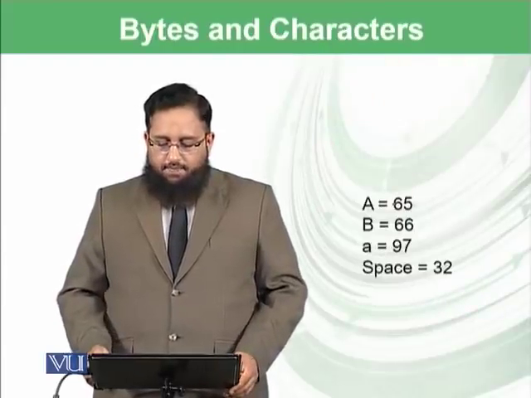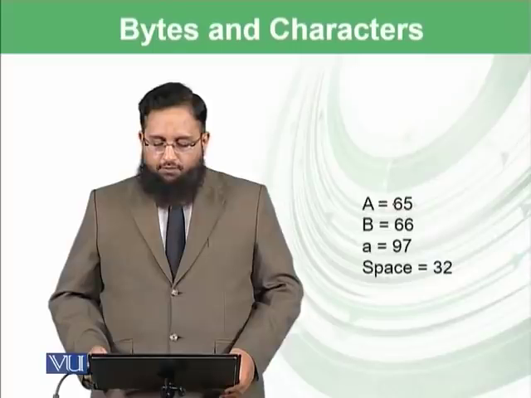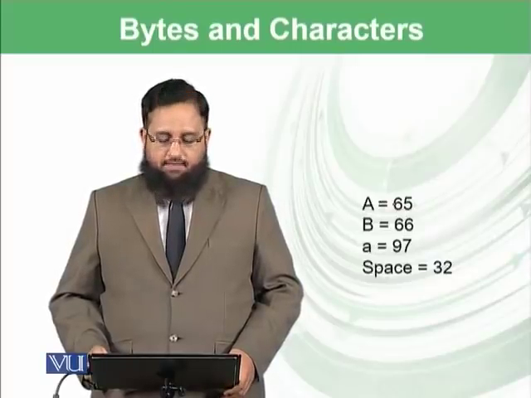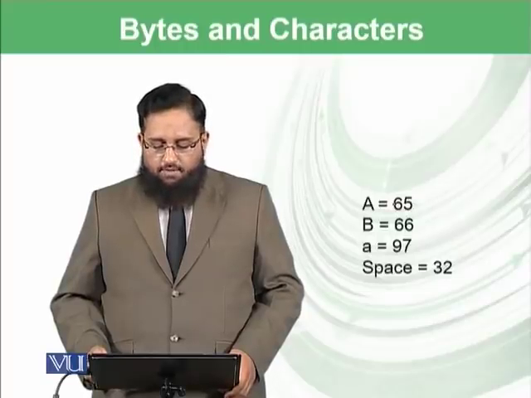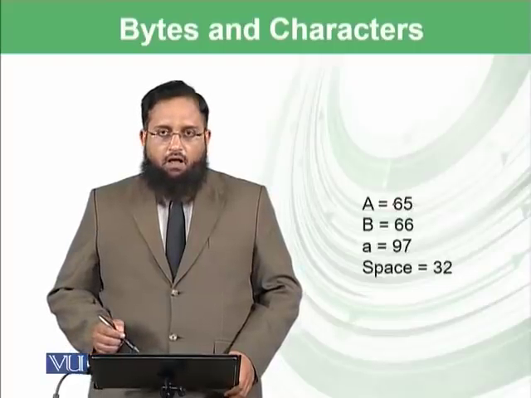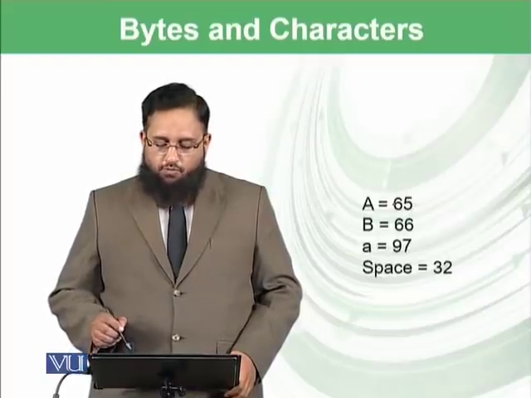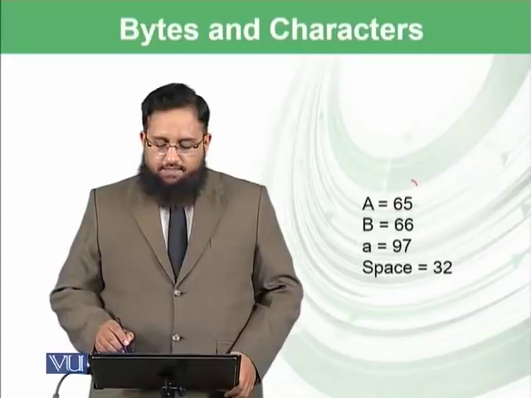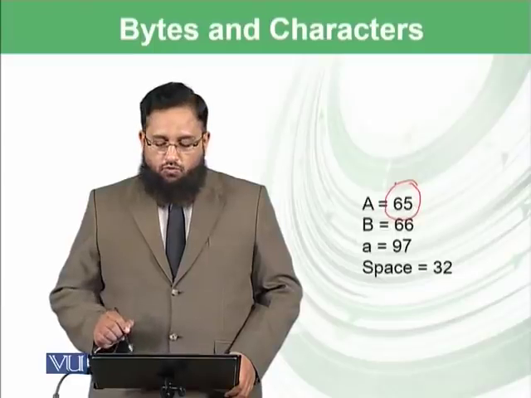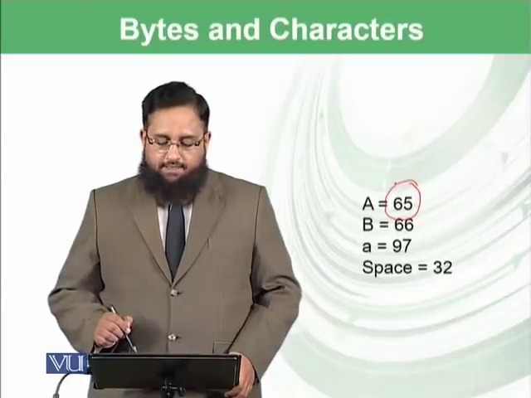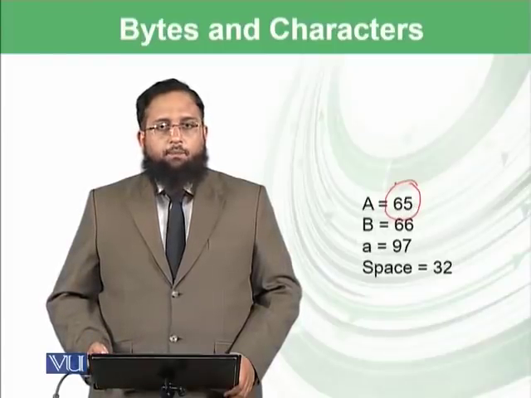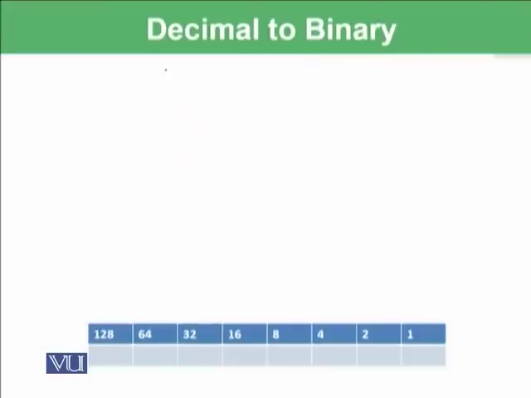So for example, if we want to store some text like A, B, or small a, or some other symbol like space, there is an ASCII table which is available in your book, and which says that for A you need to store 65. How to store 65 we will learn in the next slide, because we need to convert this 65 towards a binary number. So let's do it.